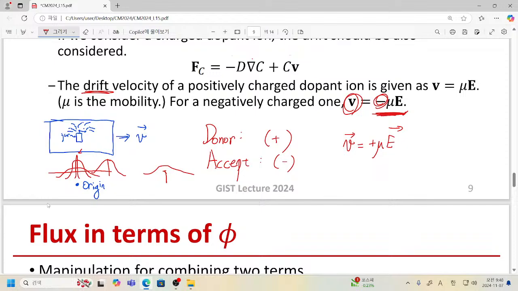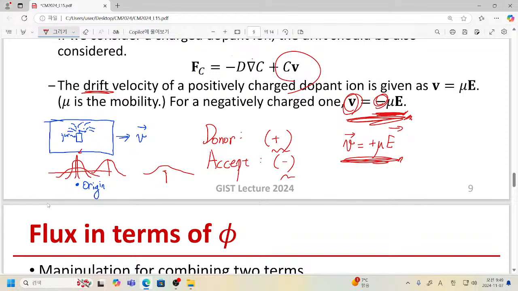So it means that once donors or acceptors take the place of silicon in the crystal, in that case they are called substitutional, and when they take that place, they are ionized and they have a charge, so their movement should be described with this additional term considering the electric field effect.